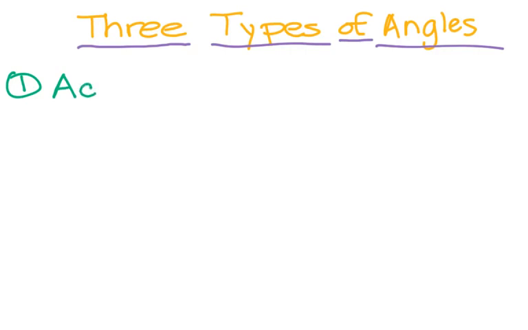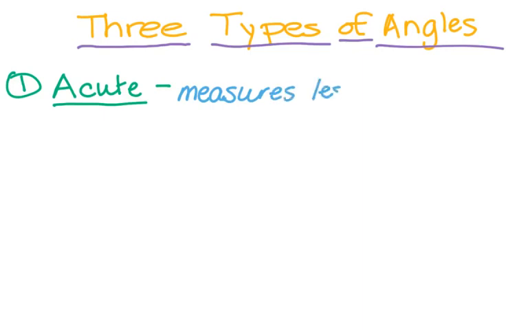So you have an acute angle. Now I'm just going to call it acute. I'm not going to write the word angle out there because you know what I'm talking about, or I hope you do. All right. I'm going to write the definition. Measures less than 90 degrees.